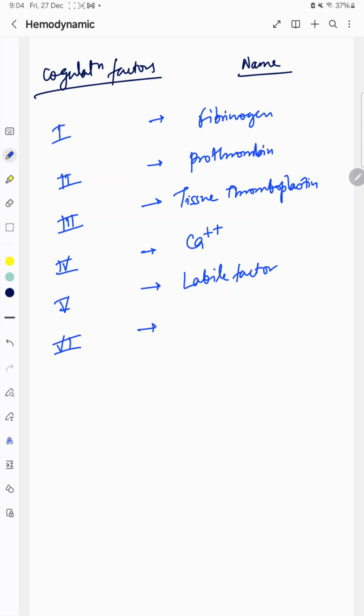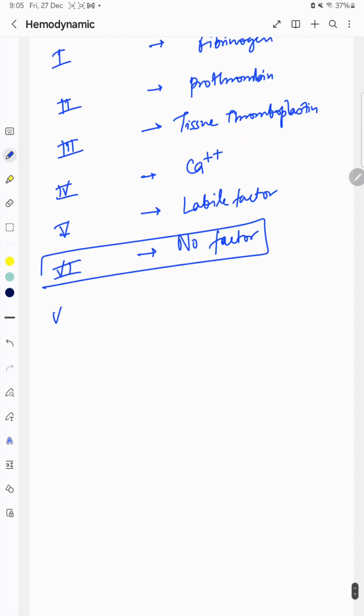Sixth clotting factor: there is no clotting factor in the sixth category, no factor. Seventh clotting factor is stable factor.